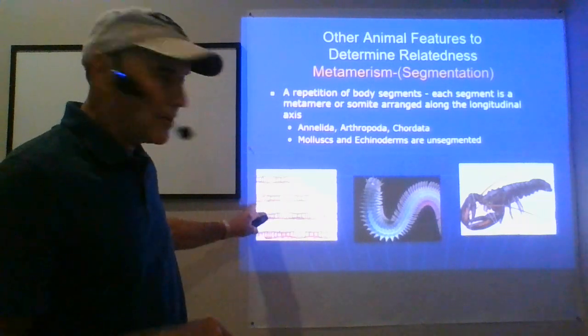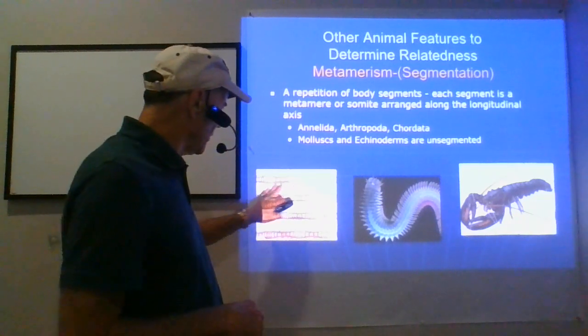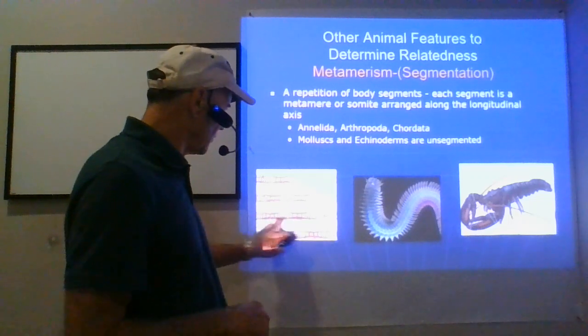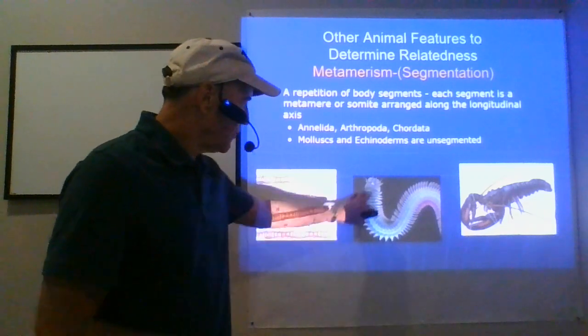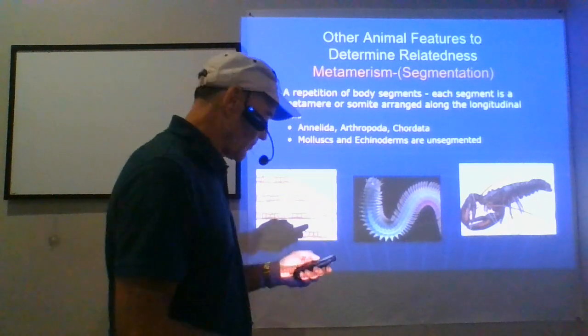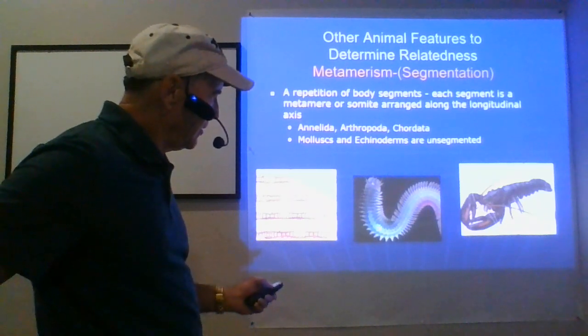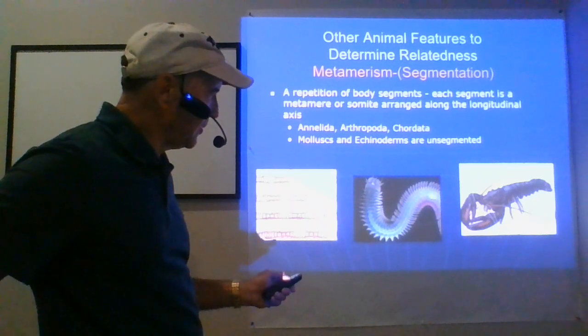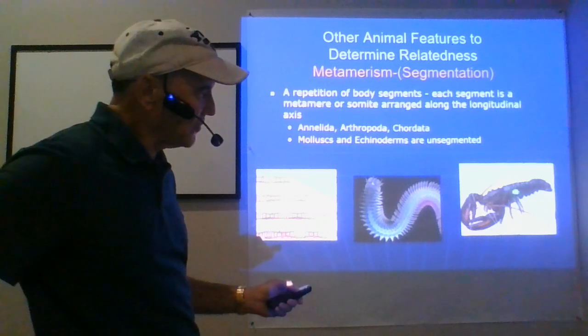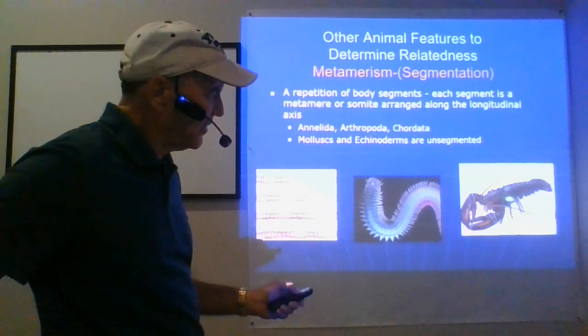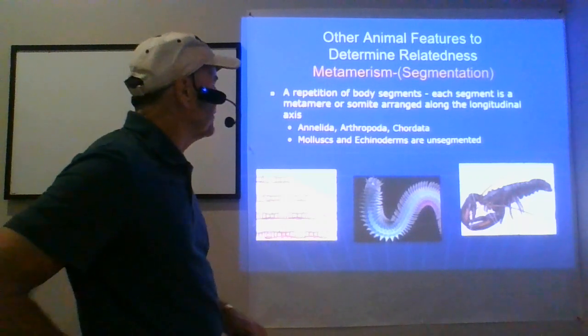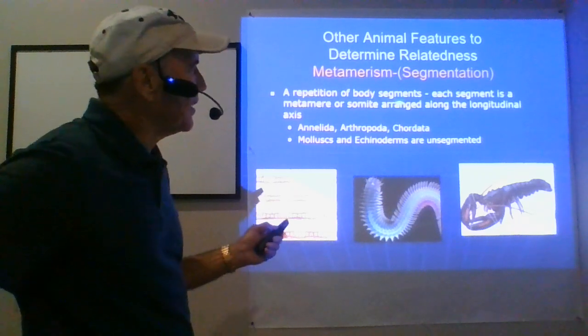So here, you can see that we have a segmented earthworm. There's another, it's not an earthworm, but it's within the same group. It's an annelid. You see all the body segments there. And then here's all the segments that you see on a lobster, body segments. It's a repetition of body segments.